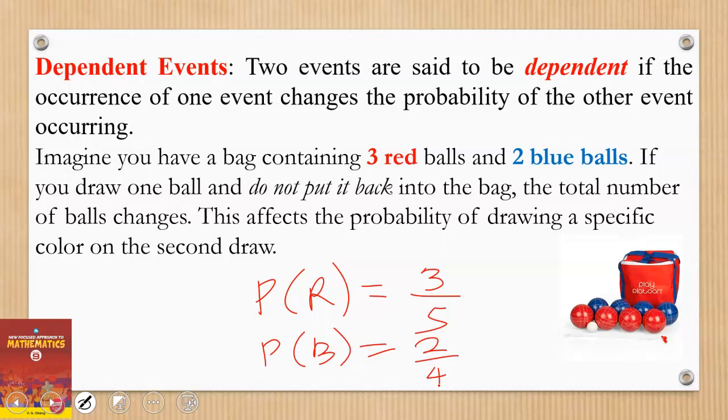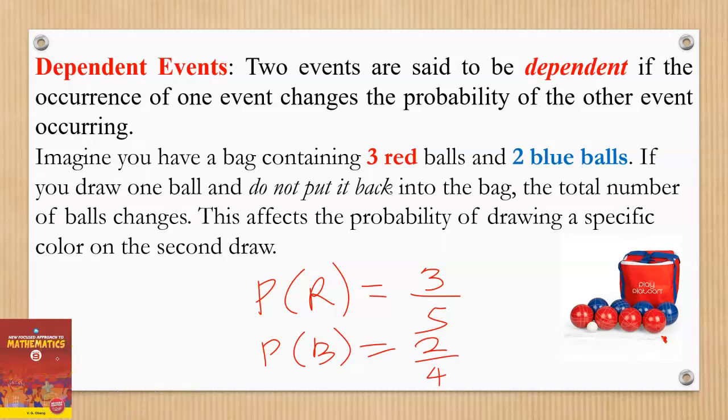Initially it was 5, and the chance of picking the first one, if it is red, is 3 over 5. The chance of picking the second one, if it is blue, will change because it's going to be 2 over 4 instead of 2 over 5, and that is what we call dependent event.